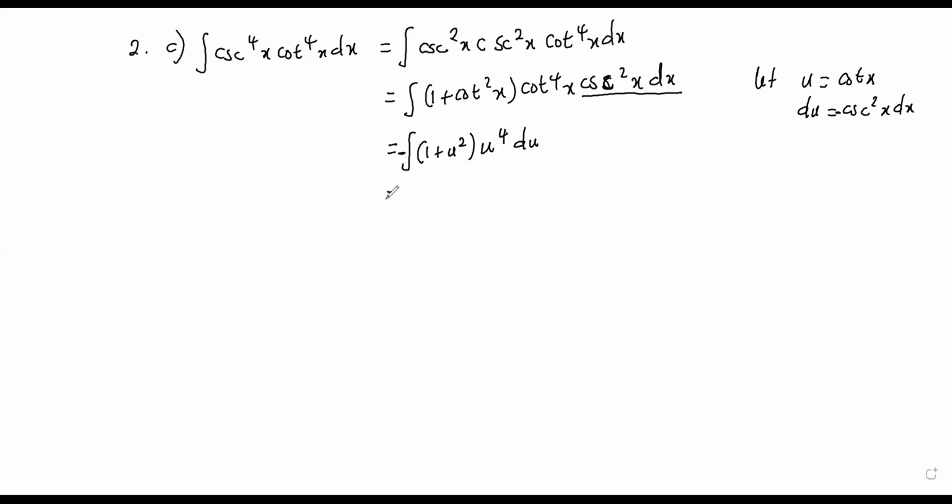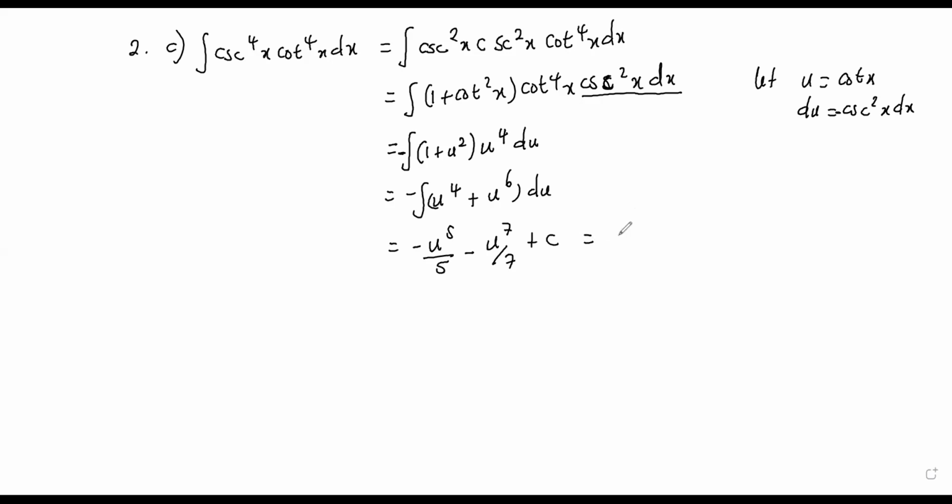And then now we can do the expansion here. Becomes u4 plus u6 du. Then get the integral. So we'll have negative u5 over 5 minus u7 over 7 plus c.